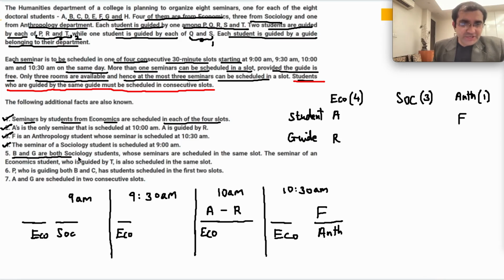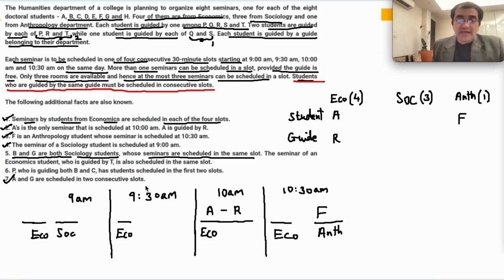B and G are both sociology students. Their seminars are scheduled in the same slot. I want space for two sociology students in the same slot. Sociology दो यहाँ आ नहीं सकते, चार हो जाएंगे. यहाँ पे there is nobody else. So I have space for two sociology students here and here, but it says seventh point में A and G are in consecutive slots.